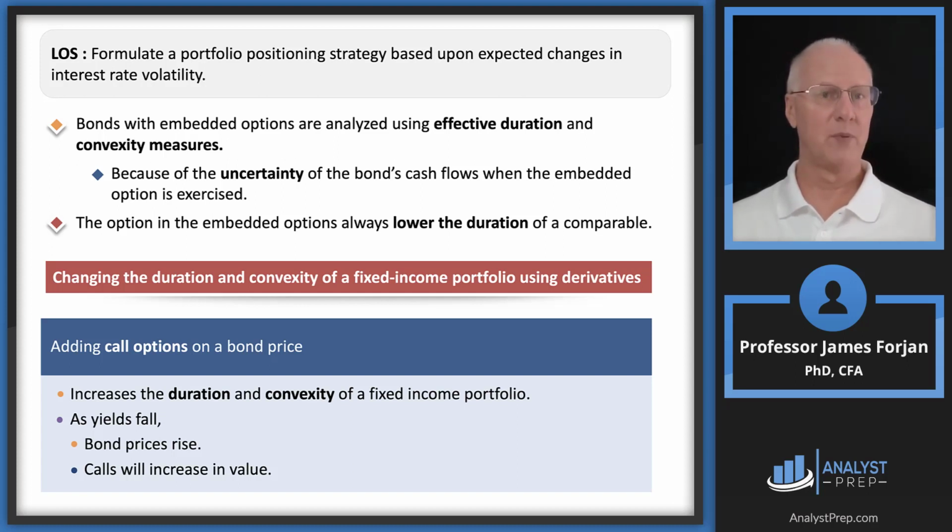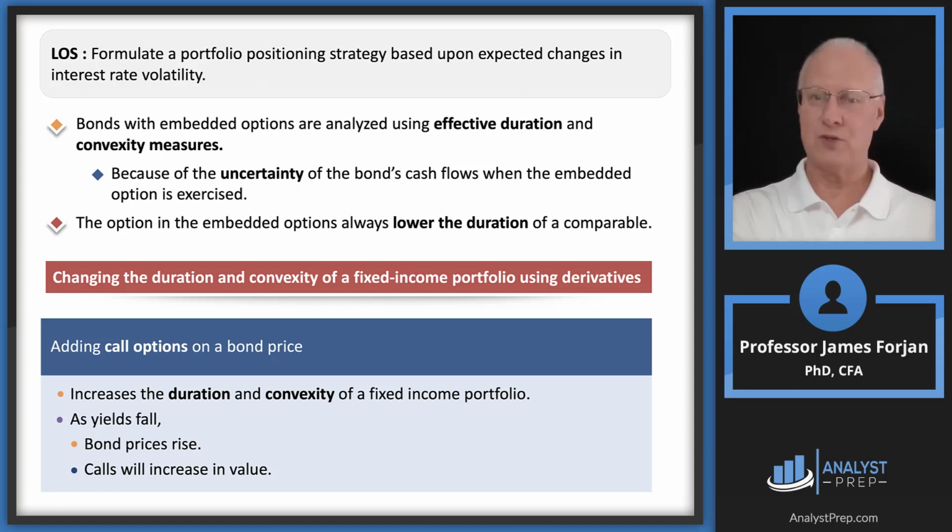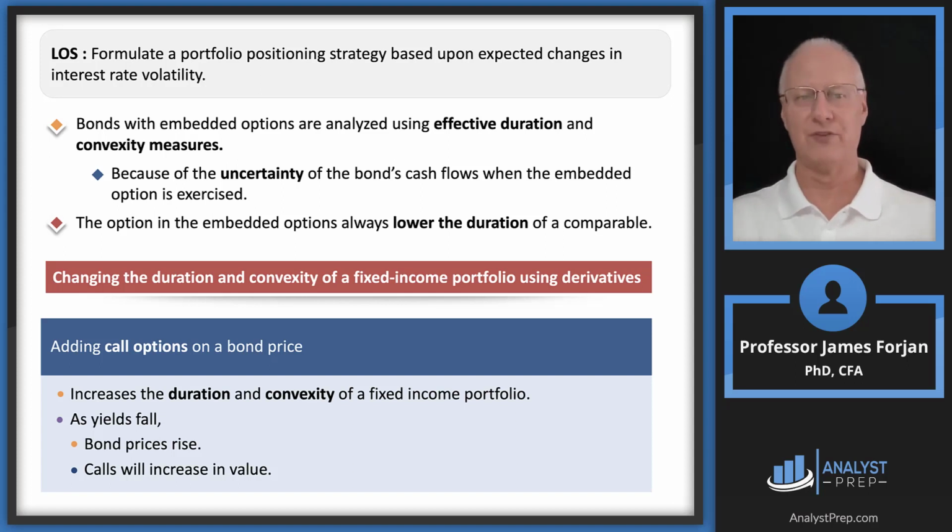So look at the second diamond point. This is super important. The option in the embedded options always lowers the duration of a comparable option-free bond, because the call feature or the put feature might be exercised, so that even if it's a 30-year bond, those options might be exercised after 3 years or 5 years or 7 years.